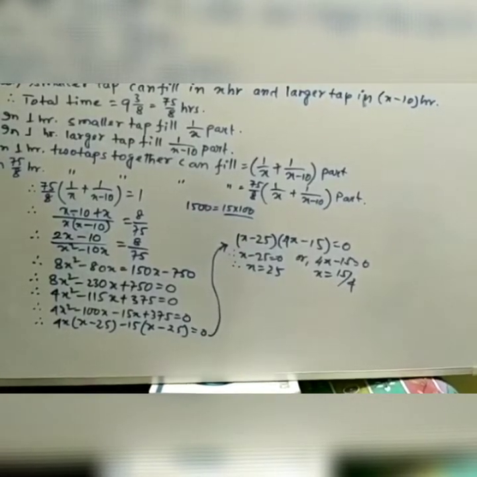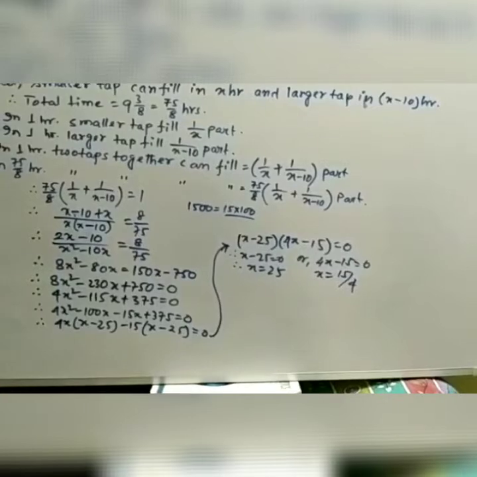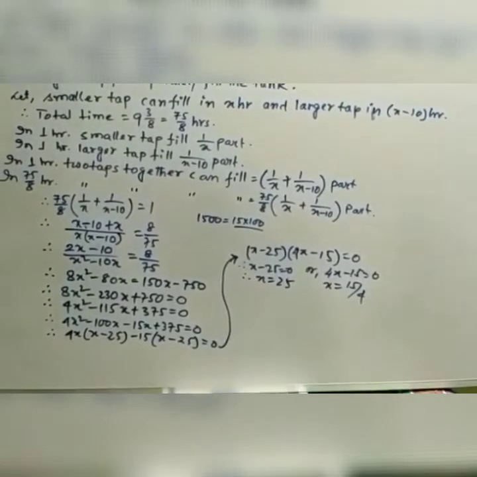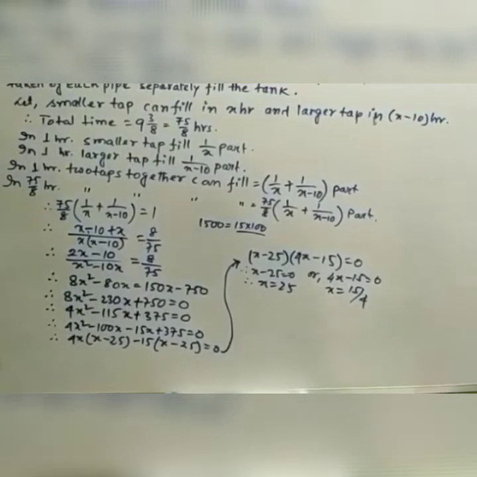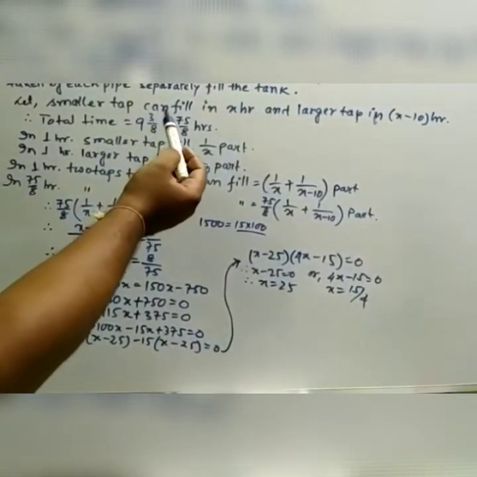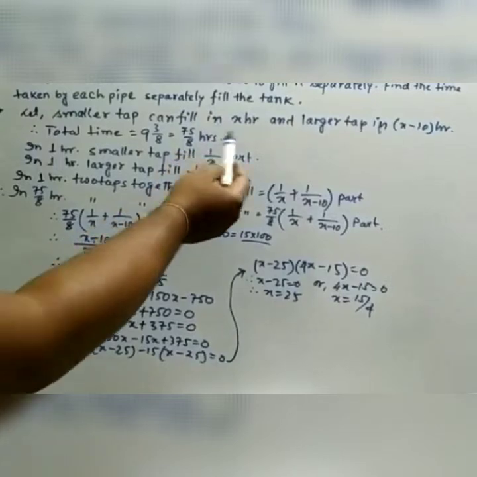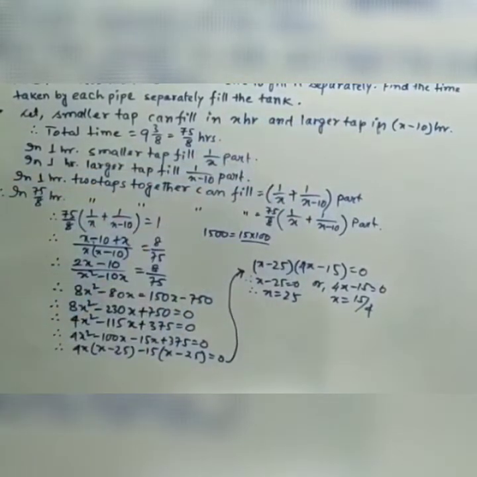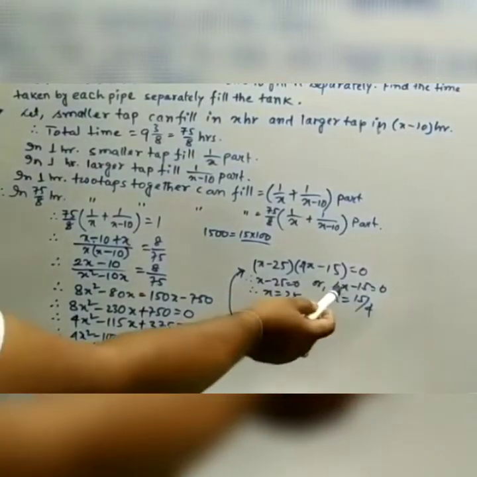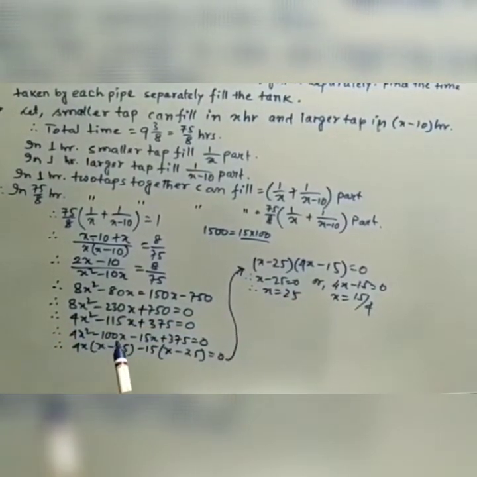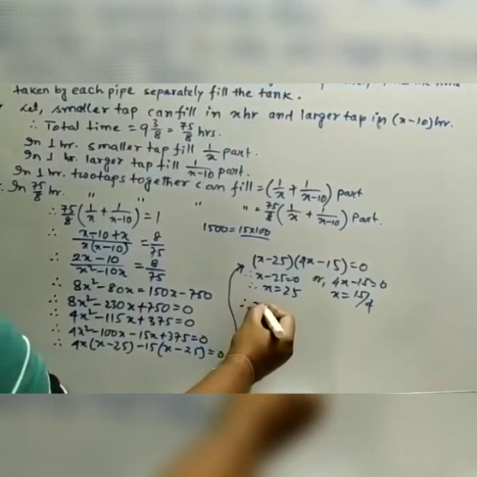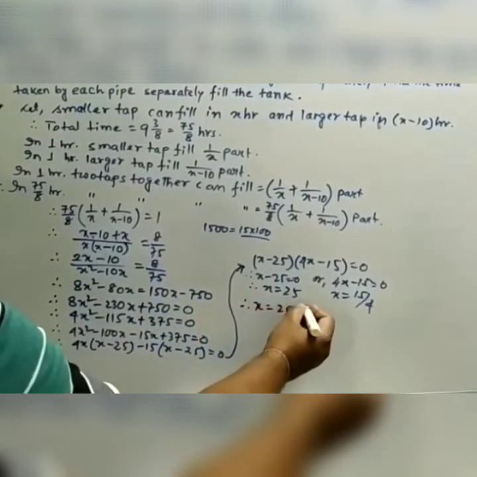We cannot take 15 by 4 because the time taken by the smaller tap cannot be less than 10 hours. The smaller tap takes x hours, and if x becomes less than 10, then the larger tap time will become negative. Here 15 by 4 is less than 10, so we cannot take it. So we will take x equals 25.